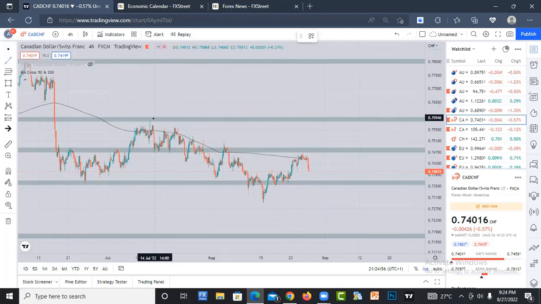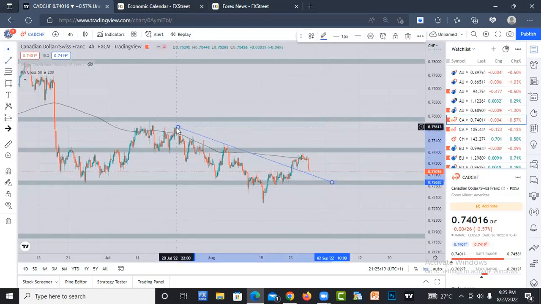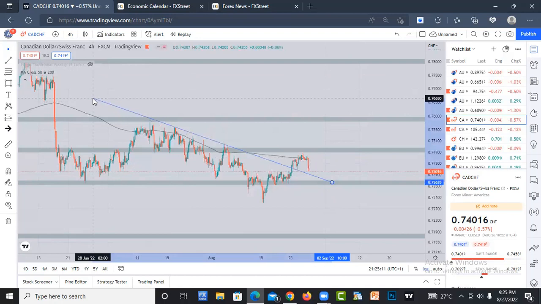I'm going to be looking now to draw my patterns. I can see the market making lows.